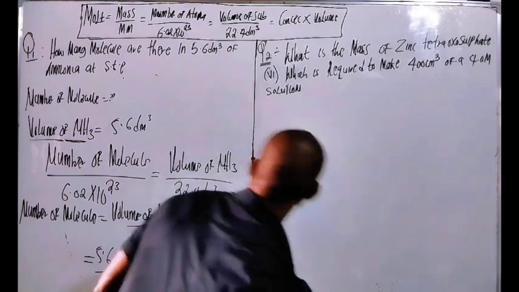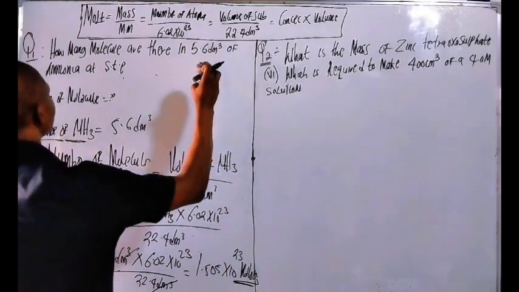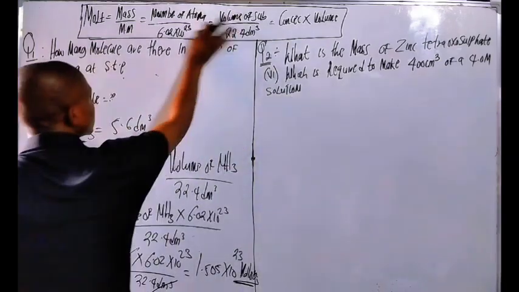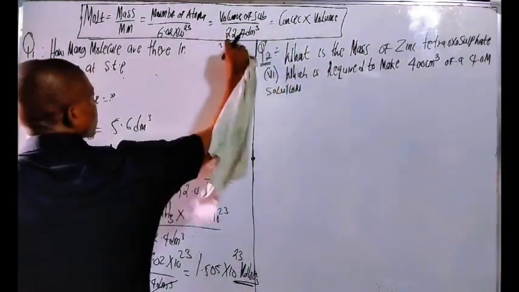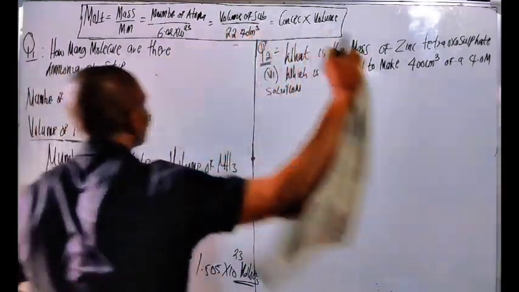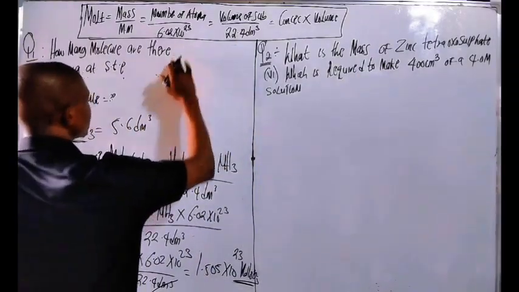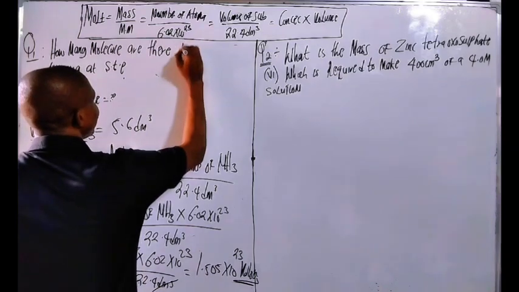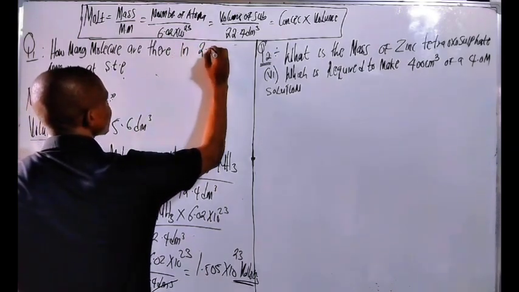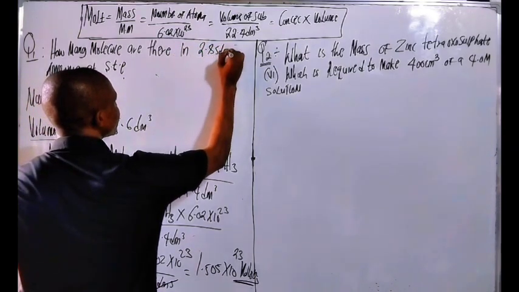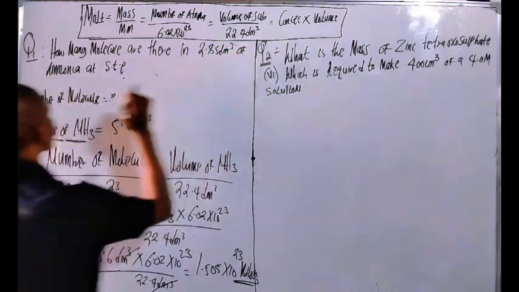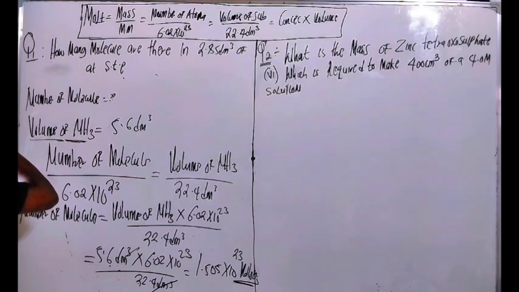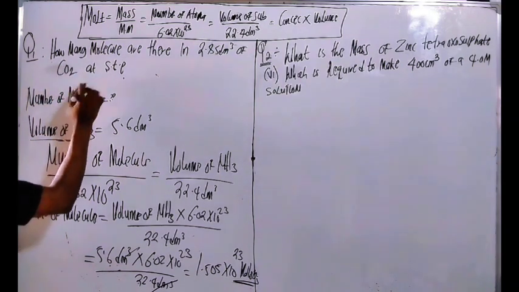Now let me give you one to try. Let us remove this one here. Now let us say we have 2.85 dm cube of, let us say, CO2 at STP.